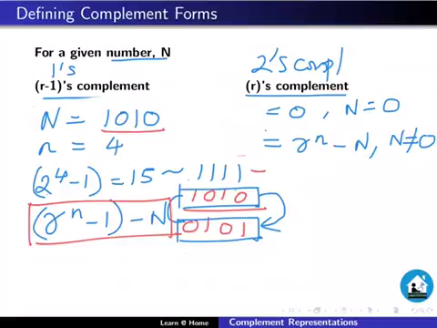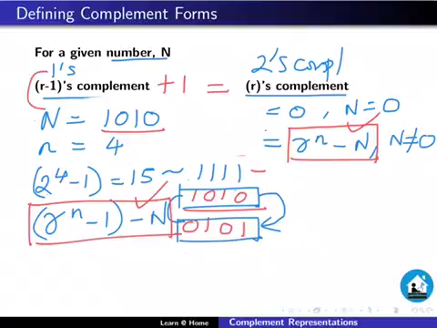So when you compare the r minus 1's complement with r's complement, this is the representation of r's complement, that is r raised to n minus N. And the previous one, that is r minus 1's complement, is represented as r raised to n minus 1 minus N. So from these two boxes, you can identify that the r minus 1's complement plus 1 will give you the r's complement.